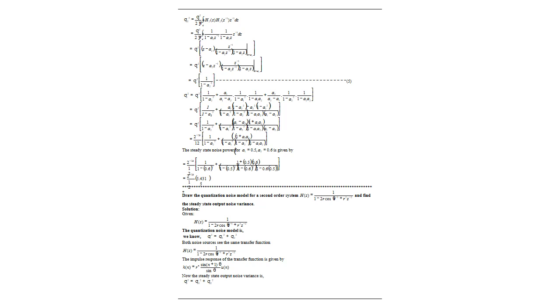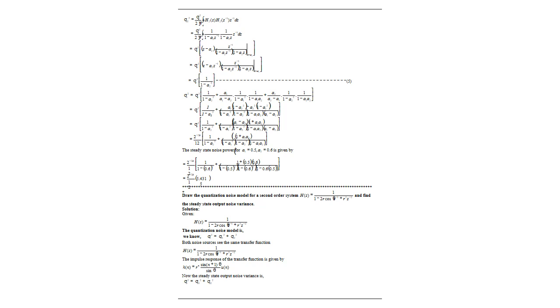After simplifying, we get 2 to the power of minus 2b by 12, into [1 / (1 - a2 squared) plus (1 + a1 a2) / ((1 - a1 squared)(1 - a2 squared)(1 - a1 a2))].